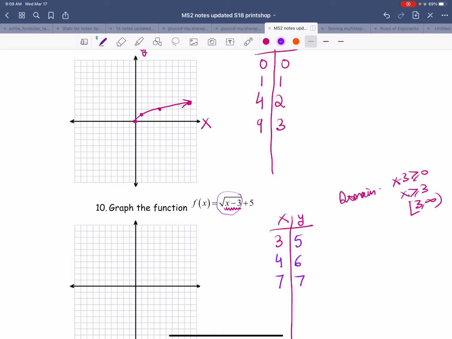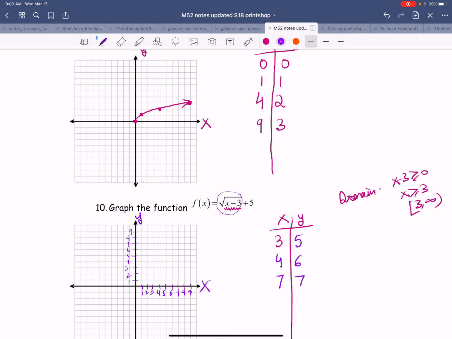So let's start plotting these values. These are my x values and y values. 1, 2, 3, 4, 5, 6, 7, 8, 9. I don't have space, but I do suggest that if you have space, write them down. You can also use Desmos to check your graph if you want to.